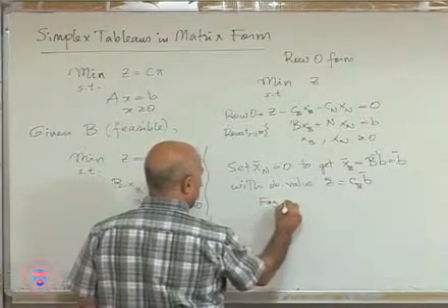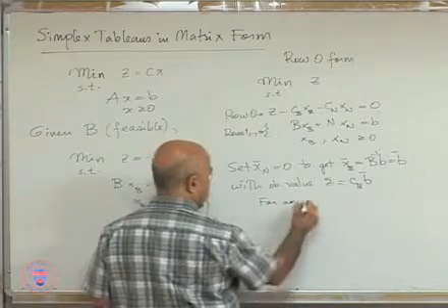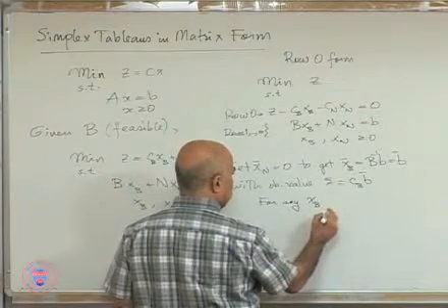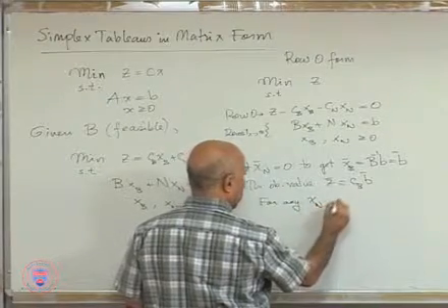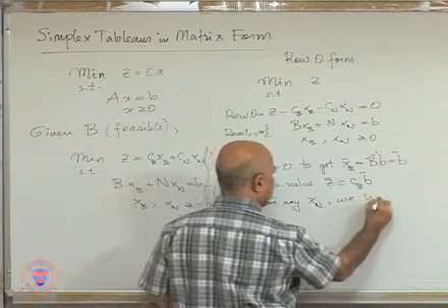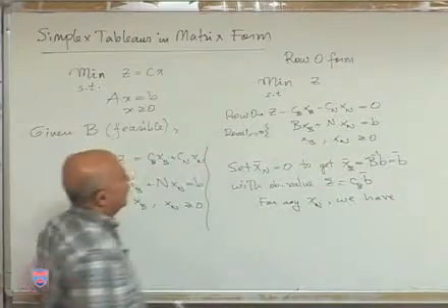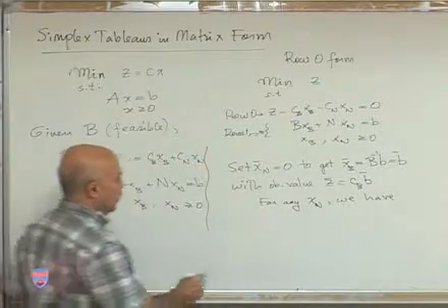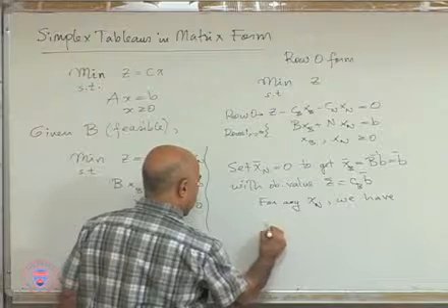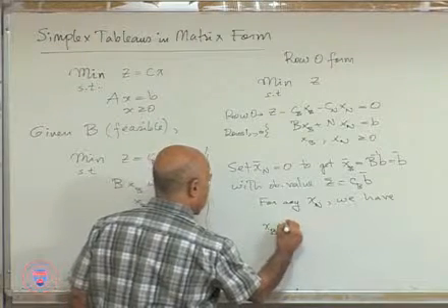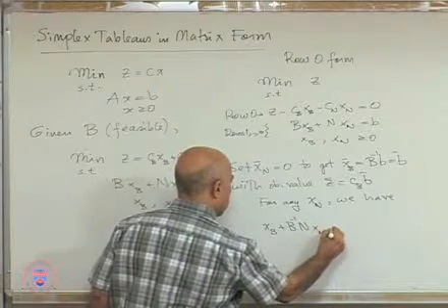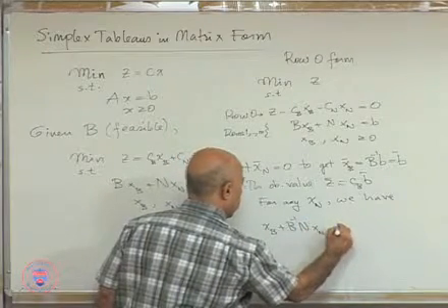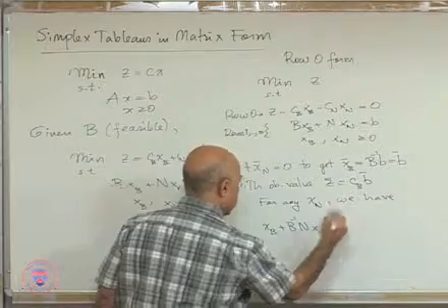For any x_B, for any x_N, we have from B x_B plus N x_N equals b, x_B plus B inverse times N x_N equals b bar.